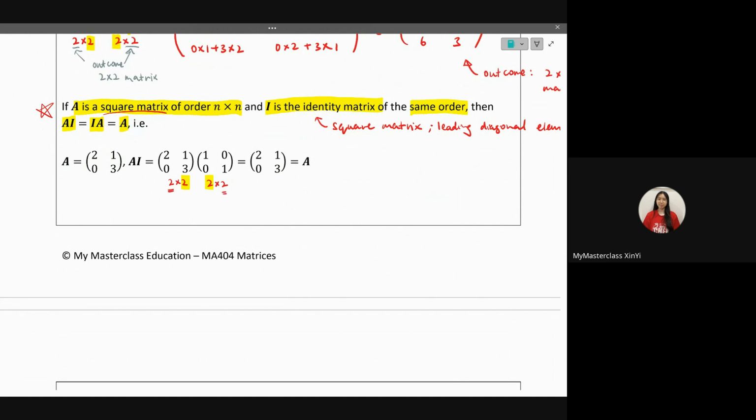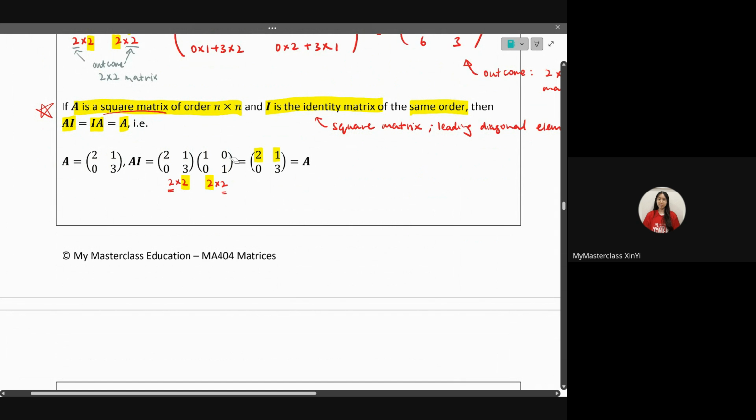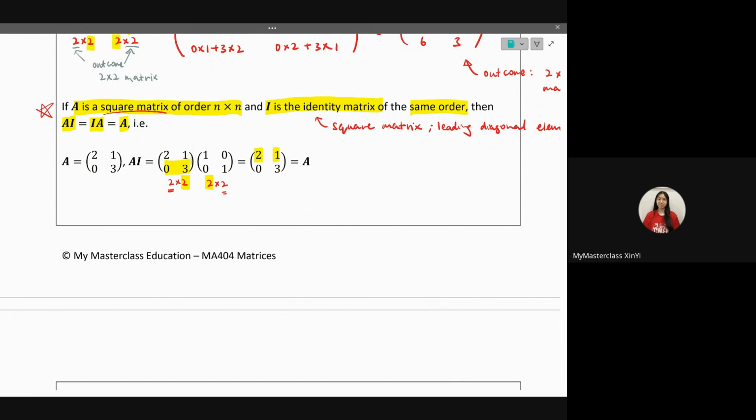So when you do matrix multiplication, you have this multiplied to this. So you have 2 times 1 plus 1 times 0, which gives you 2 here. Then when you multiply this to this entry, you have 2 times 0 plus 1 times 1. So you get a 1 here. Now if you deal with the second row, first column, you would have 0 times 1 plus 3 times 0, which gives you 0.